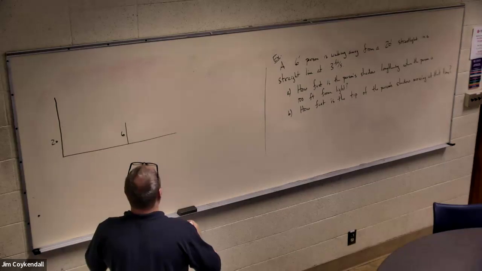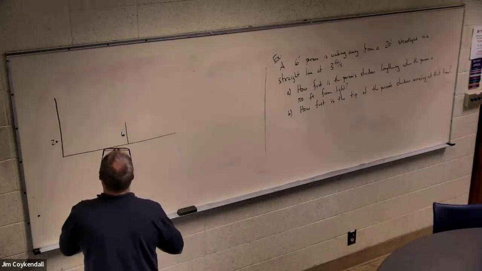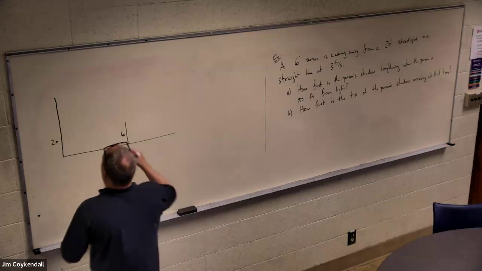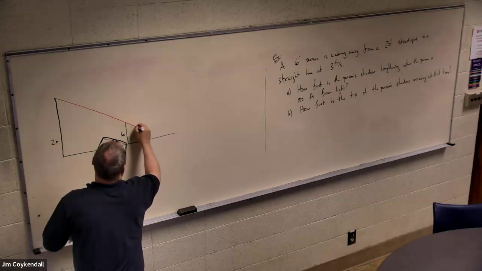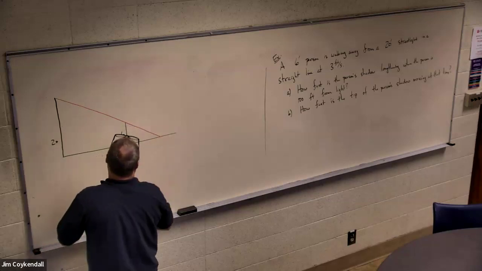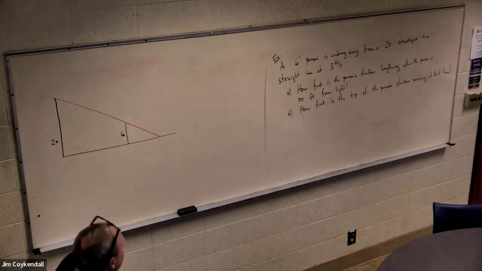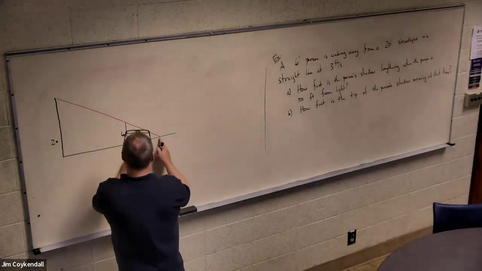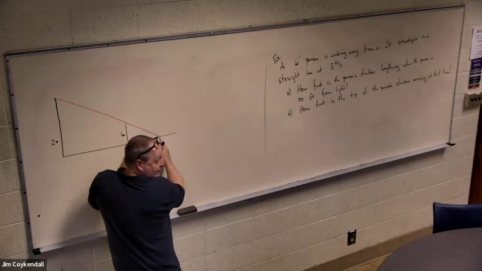What else should I label? Okay, right, but how am I going to measure how fast? I'm going to need distance. I need a shadow too, don't I? What does this represent here? That's your shadow, right?